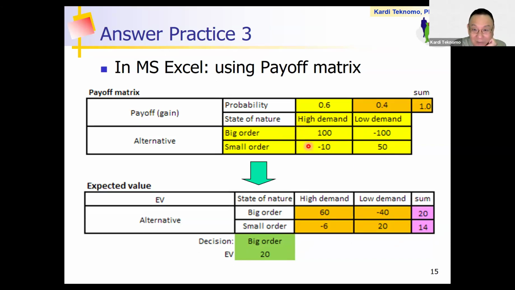Okay, so the one in yellow here represents the one that you input. From there you can compute the expected value. So 0.6 multiplied by 100, you get 60. 0.4 multiplied by minus 100, you get minus 40. And then you sum.